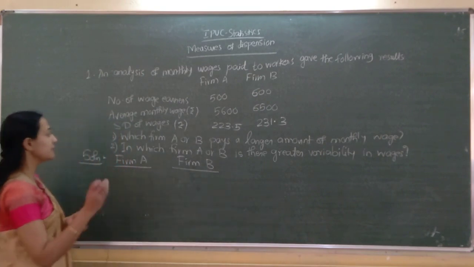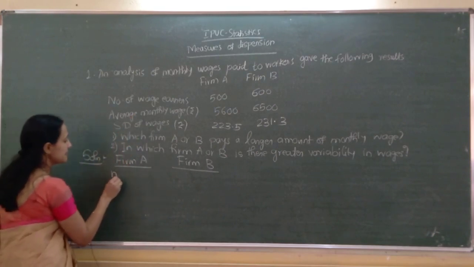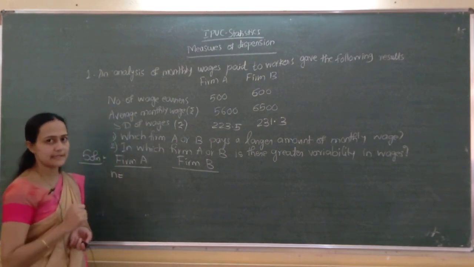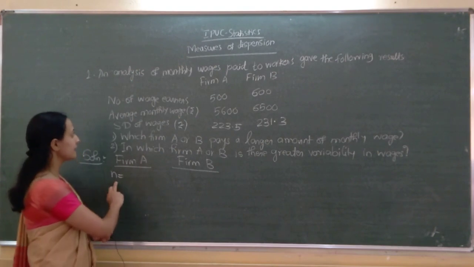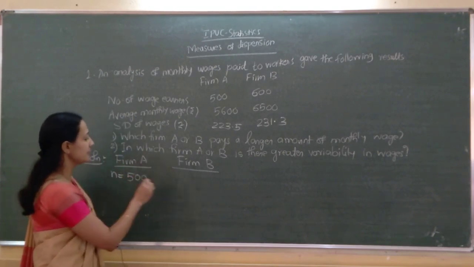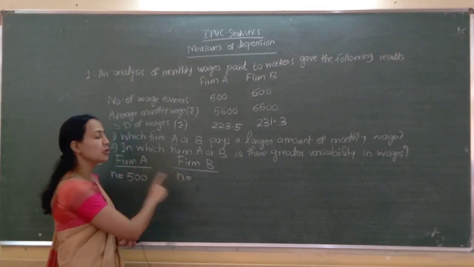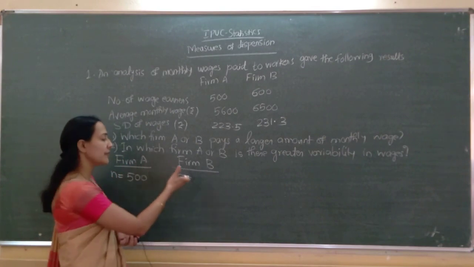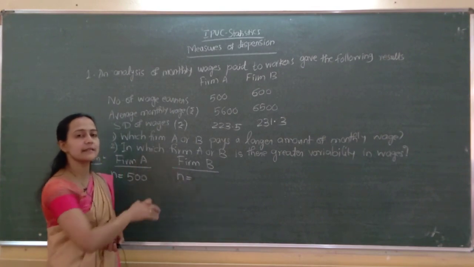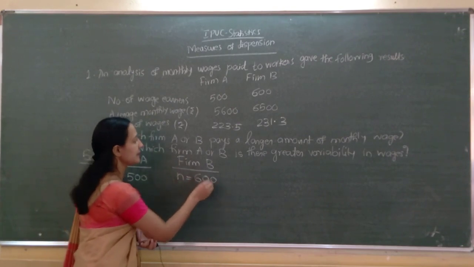Number of wage earners means N, number of employees, isn't it? So for firm A, number of wage earners equals 500. Here also I am taking N. Don't confuse, both are different. Firm A is separate, firm B also separate. So N equals 600 here.